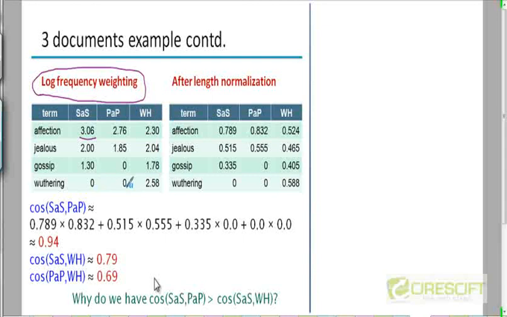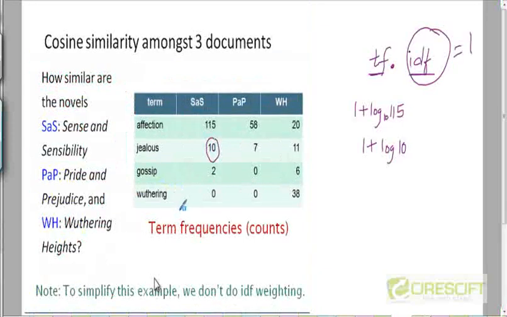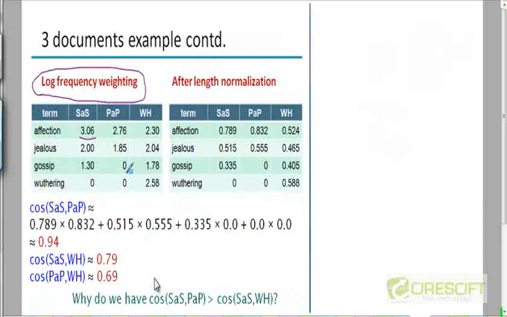Now these two values are 0 because this term does not appear in these two documents, but it appears in this particular document. And similarly, gossip does not appear in this document, and so the score is 0.